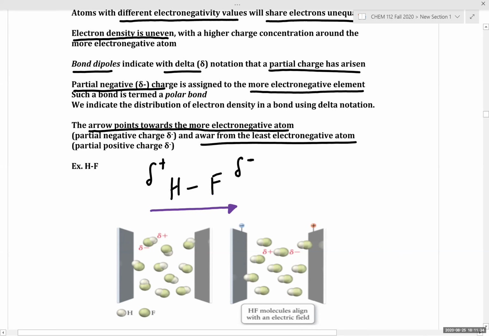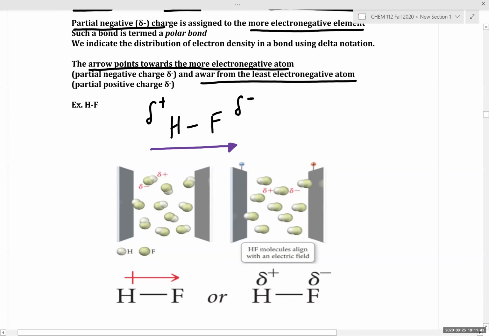Now, bond dipoles can actually be observed for different organic and inorganic compounds, because polar compounds will align themselves with an electromagnetic field.